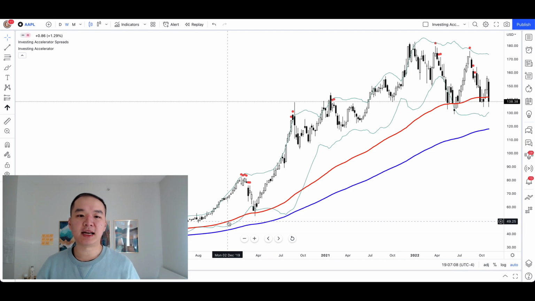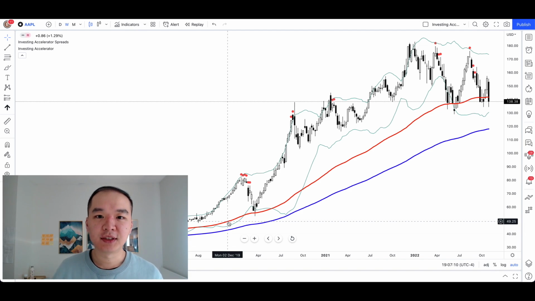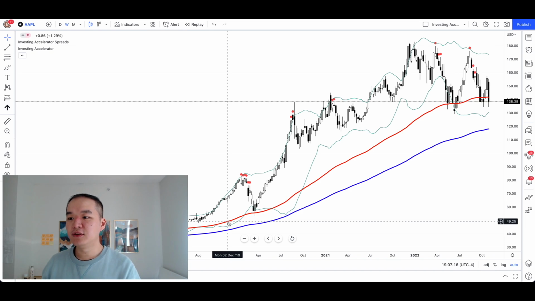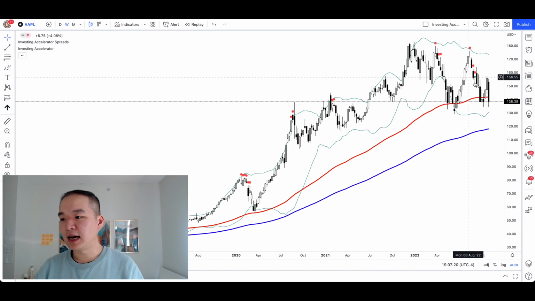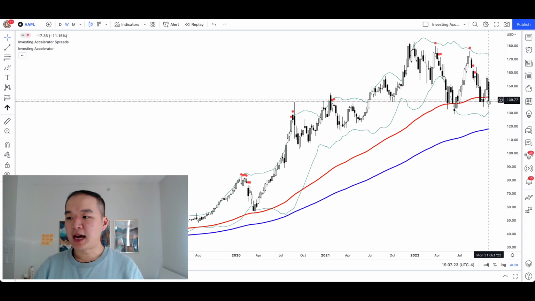And it really comes down to analyzing the company itself, looking at the fundamental analysis, like the income statement and the balance sheet. And you also need to look at timing. So for example, if you're looking at the upper right corner here, Apple went from $152 last week to $138 within a week.